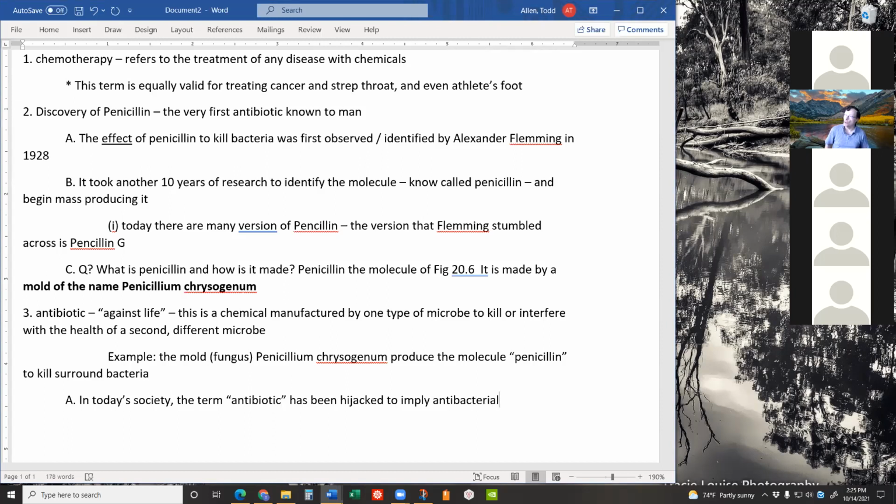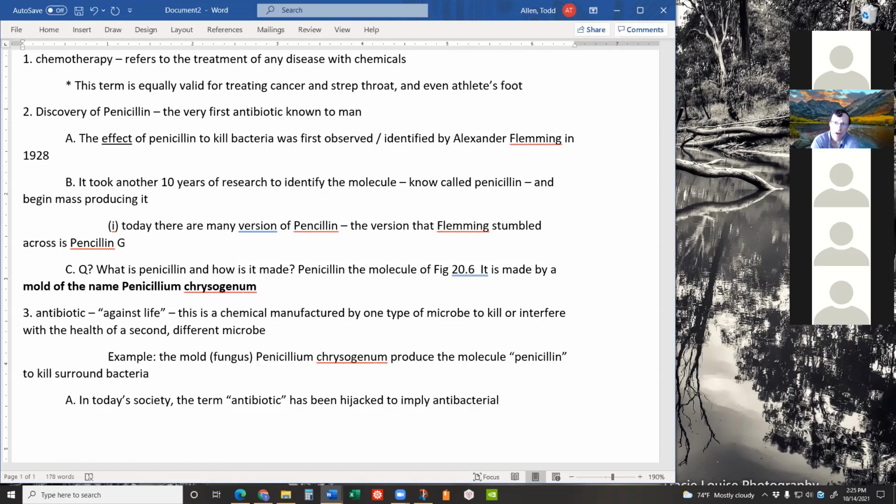Okay, so if you go to the doctor because you have a strep throat infection, which is caused by a bacterium, Streptococcus pyogenes, they're going to give you an antibiotic. So, treating bacterial infections has become synonymous with the term antibiotic, even though technically it doesn't have to be treatment of a bacterial infection, right?